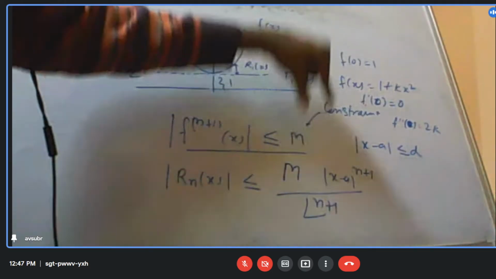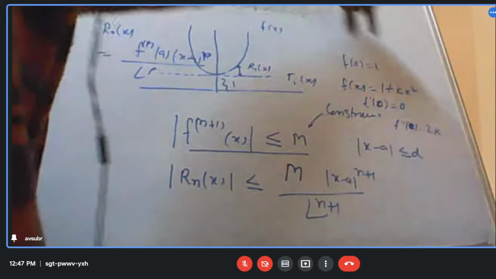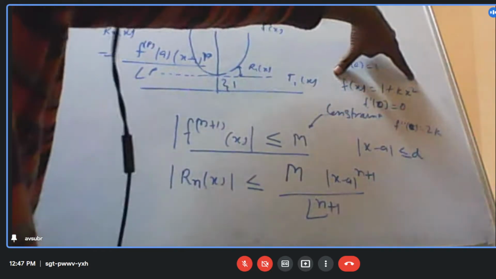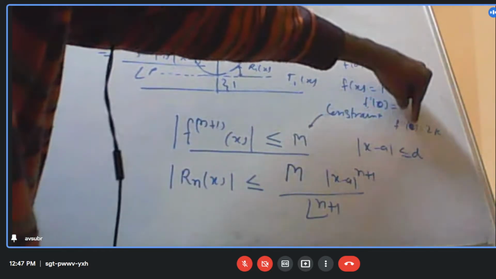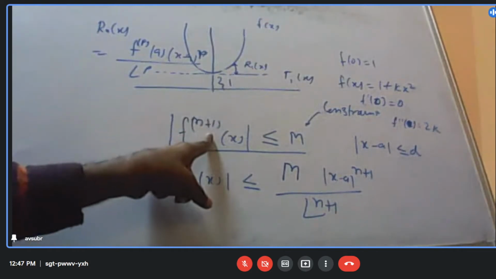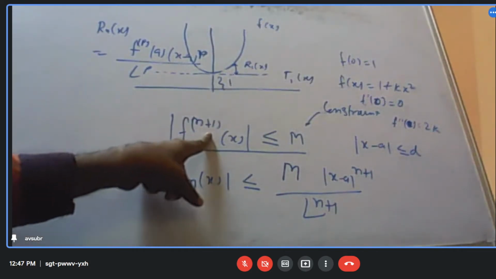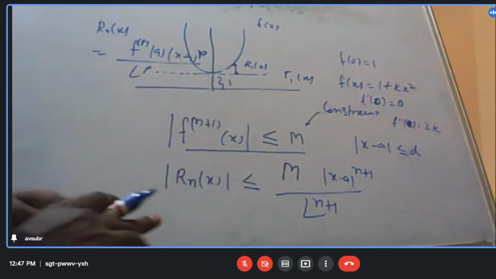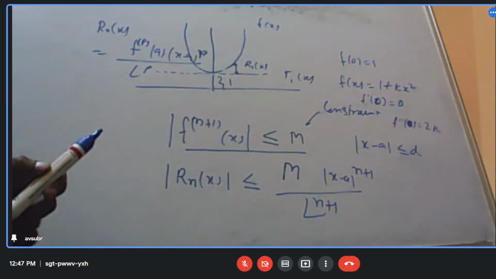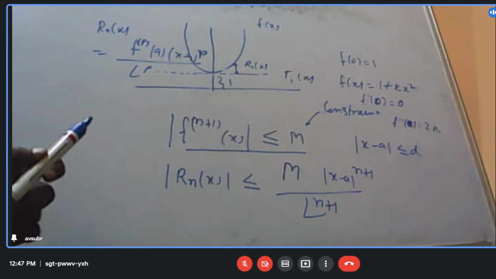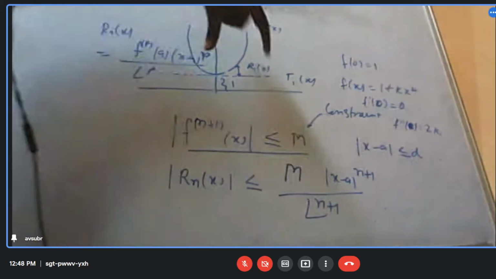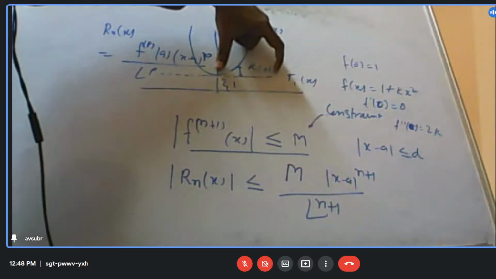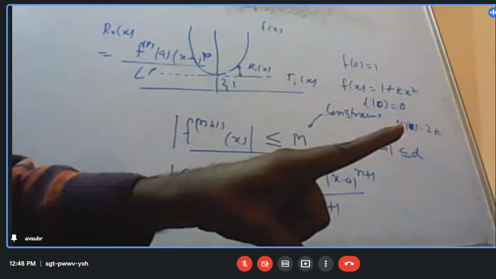Now this one here is f double prime. In this particular case, 1 plus kx square, f double prime at 0, that is n plus 1, right? This denotes the derivative, that is, how many times we are doing the derivative. Here we have restricted our Taylor series up to the first derivative.